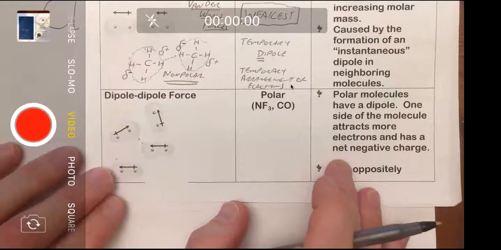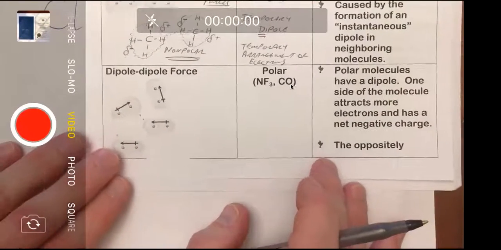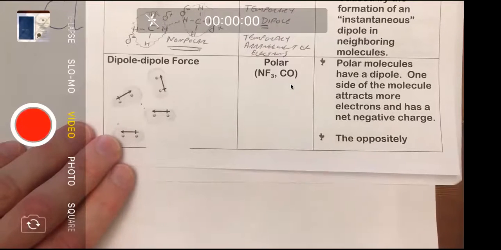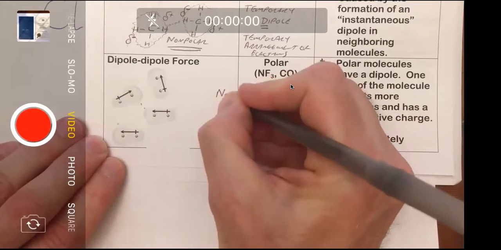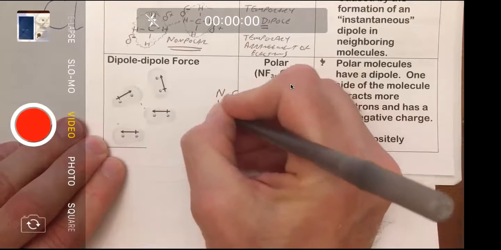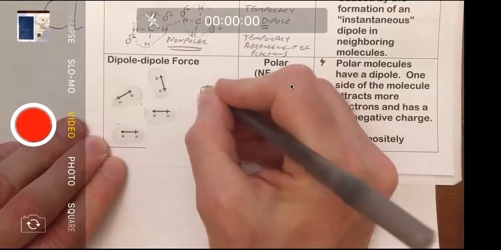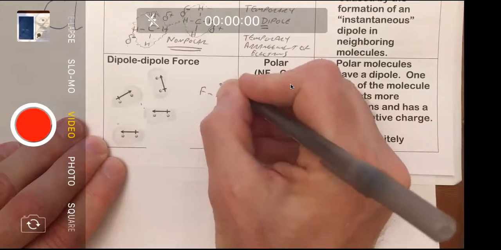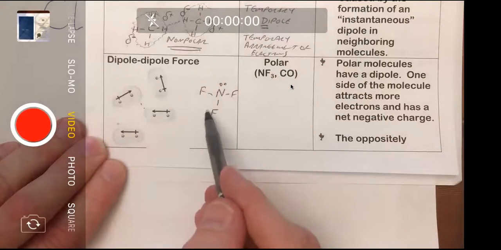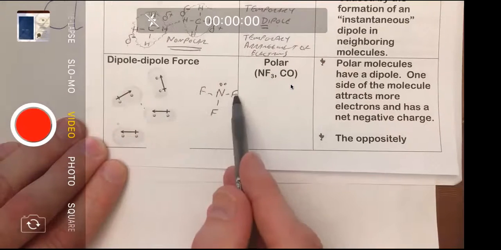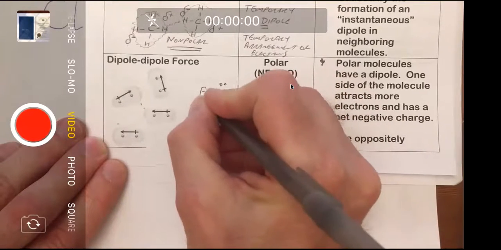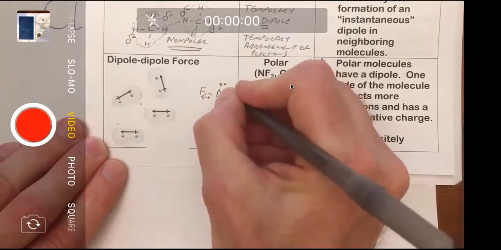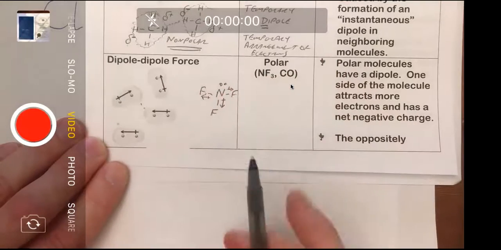All right. So that was when we were talking about non-polar molecules. There are plenty of molecules that are polar, okay? And so here, NF3, if I think about what NF3 looks like, I'm not going to draw all the valence electrons around the F. I'm going to put it on N. This one definitely has a pull on those electrons towards the fluorine because fluorine is really good at attracting electrons.